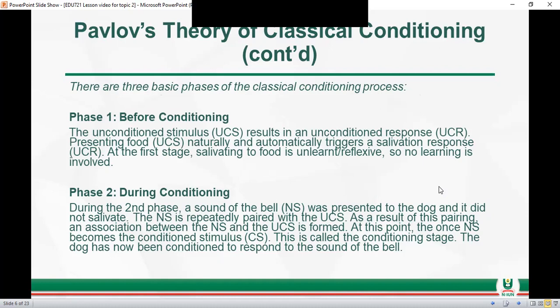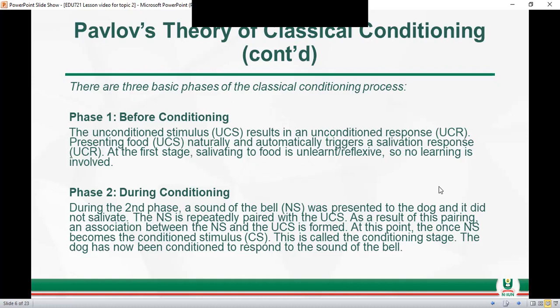So let's look at the 3 basic phases of the classical conditioning process. Let's consider them. In the first phase, that is before conditioning, I'm repeating what I said in the previous slide, but in more detail now, and differentiating the phases.